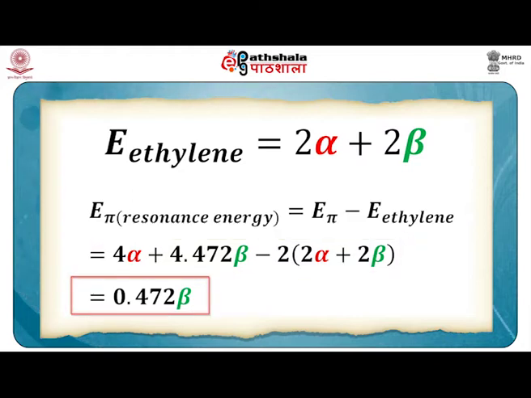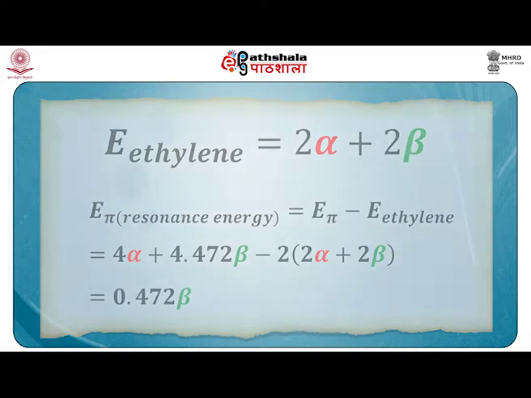Therefore, this becomes equal to 0.472 beta. So resonance energy is basically a measure of the stability of a molecule. So in this case, we can say that the 1,3-butadiene molecule is more stable than the 2 ethylene molecules by a factor of 0.472 beta. Please note that beta is negative, therefore it will ultimately be a negative factor.